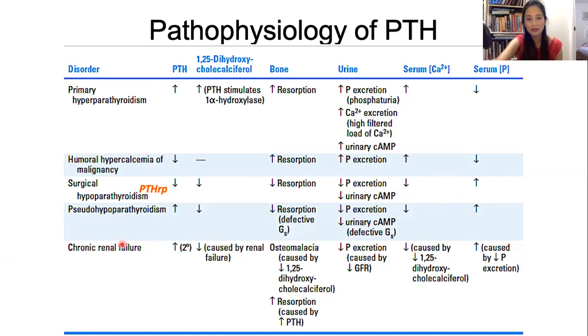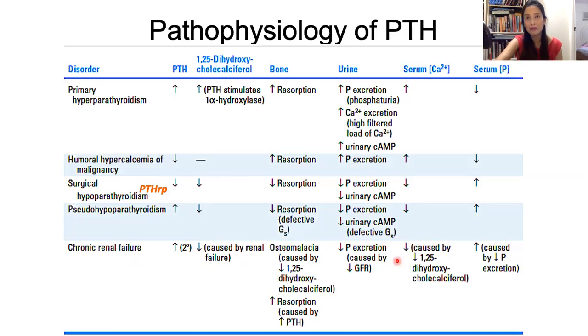Lastly, in patients with chronic renal failure, your kidneys are no longer functioning well. So if your kidneys are no longer functioning well, your kidneys are unable to produce or to activate vitamin D. No? If you don't have activated vitamin D, what will it do?